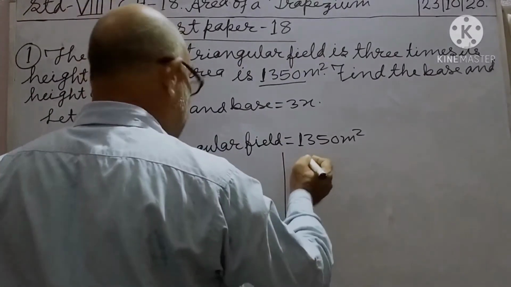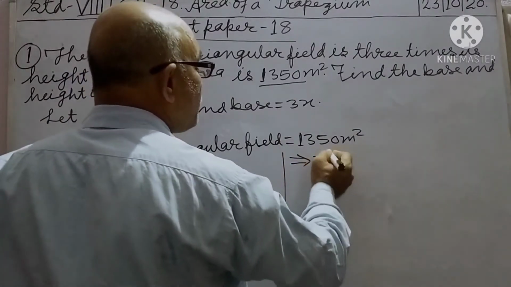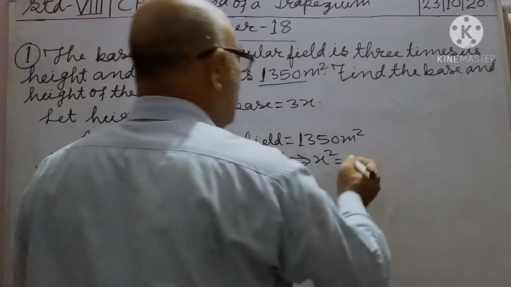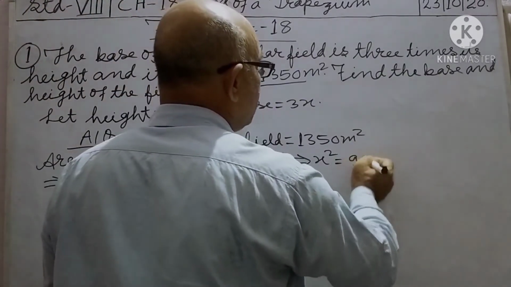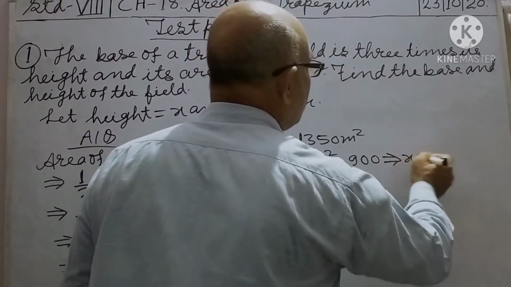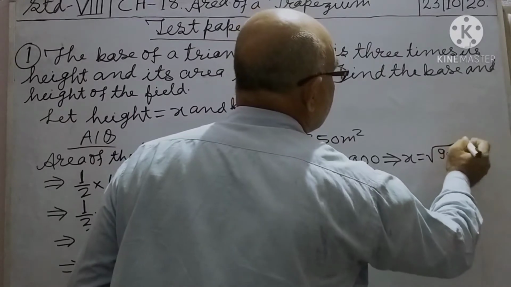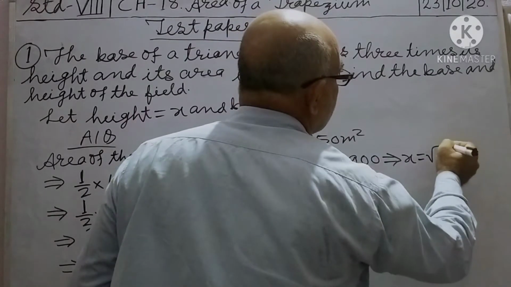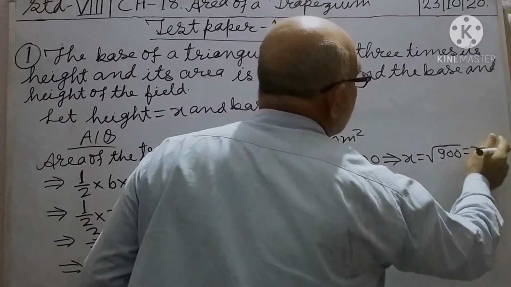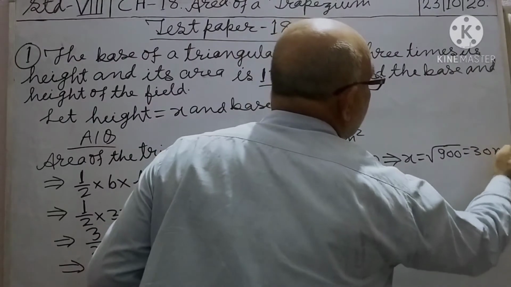Now that implies x square equal to 450 into 2, 900. That implies x equal to under root 900, equal to square root of 900 is 30 meter.